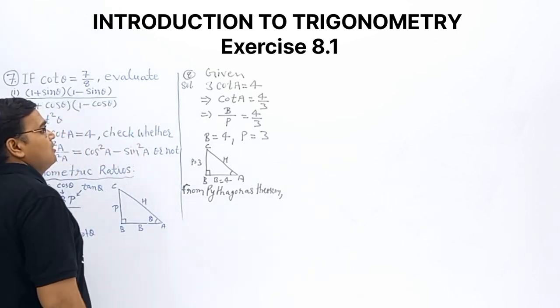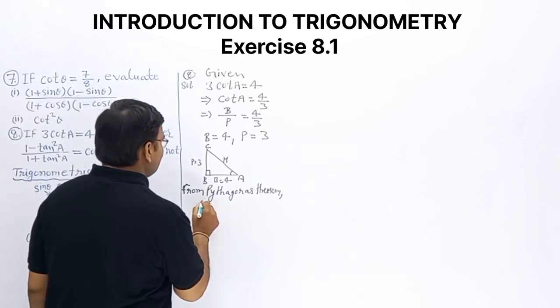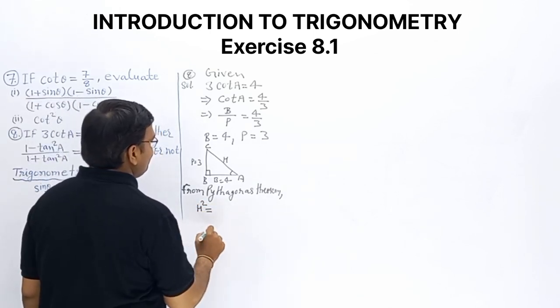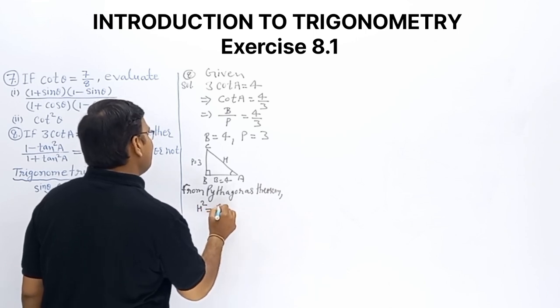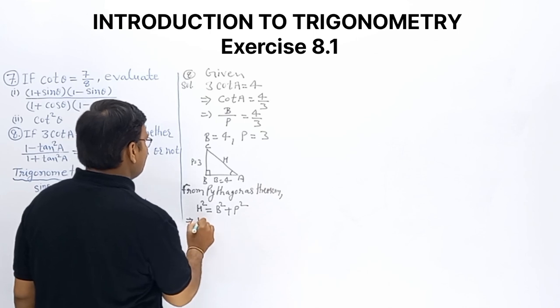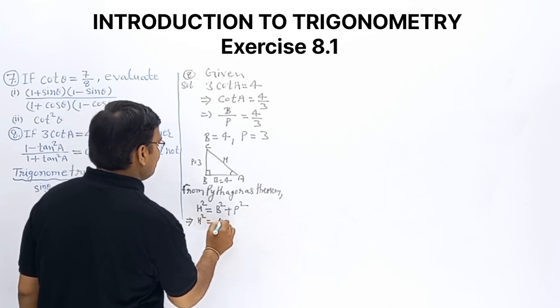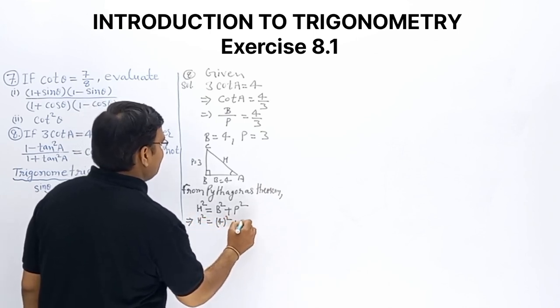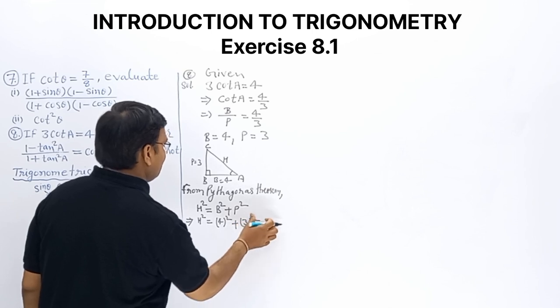It gives the relationship between hypotenuse, base and perpendicular: H square equal to base square plus perpendicular square. Now the hypotenuse square will be base 4 square plus P 3 square.